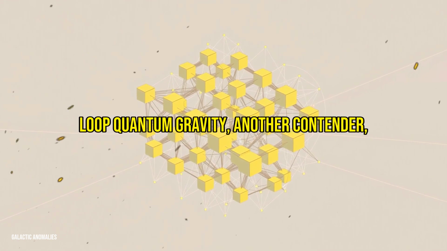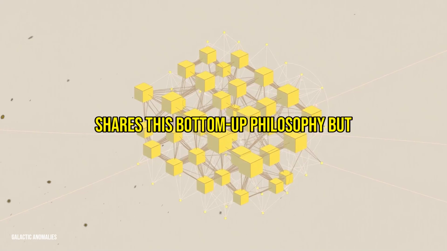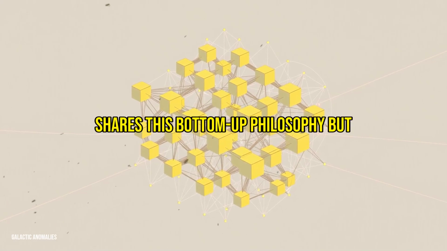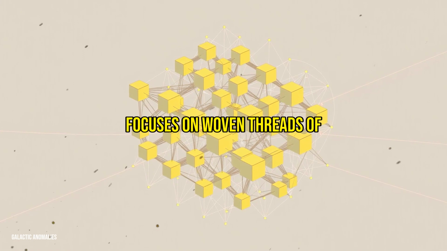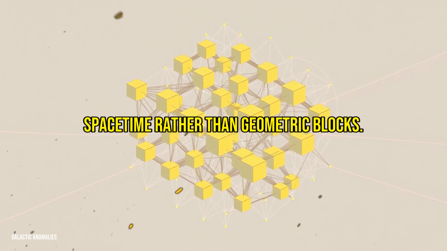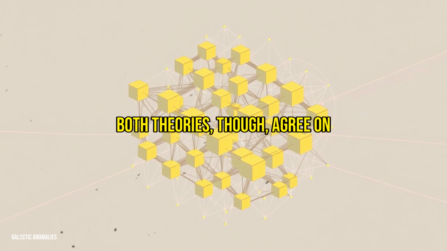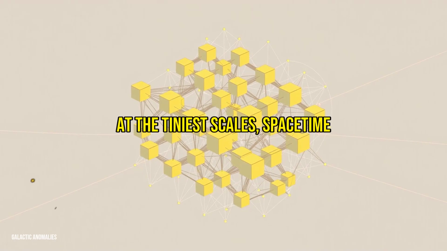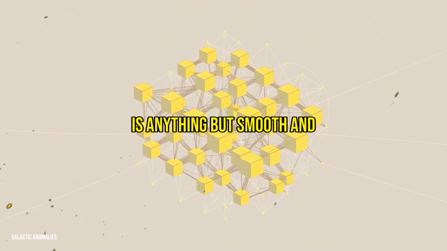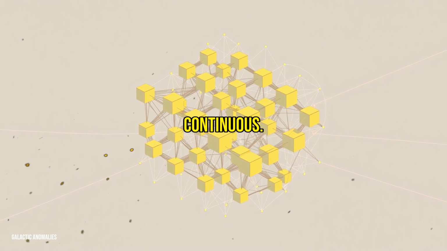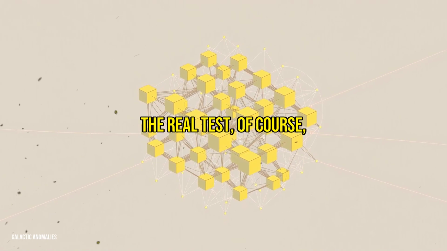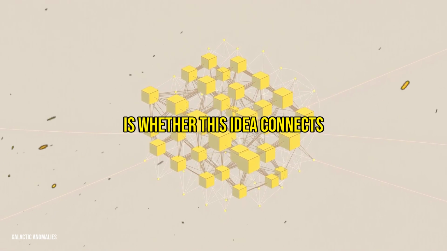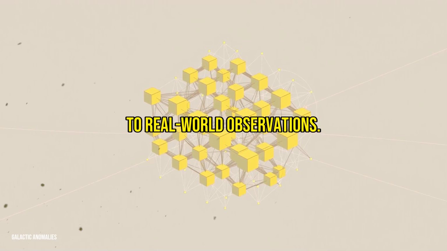Loop quantum gravity, another contender, shares this bottom-up philosophy but focuses on woven threads of spacetime rather than geometric blocks. Both theories, though, agree on one thing. At the tiniest scales, spacetime is anything but smooth and continuous. The real test, of course, is whether this idea connects to real-world observations.